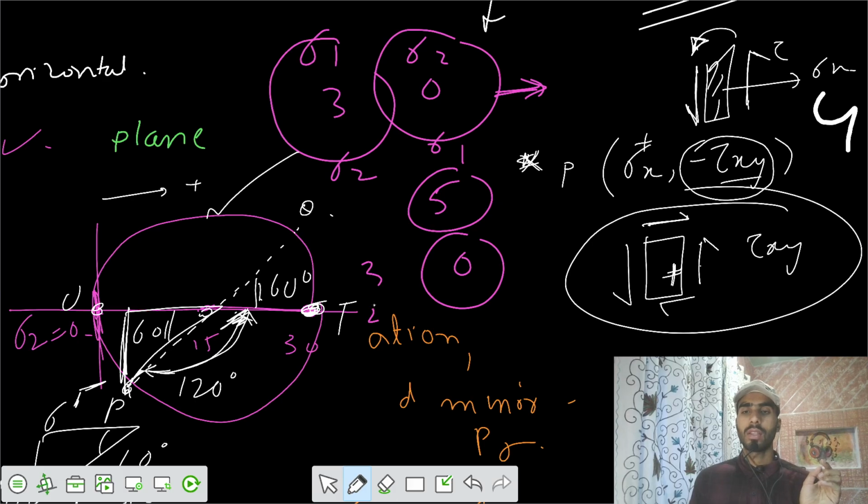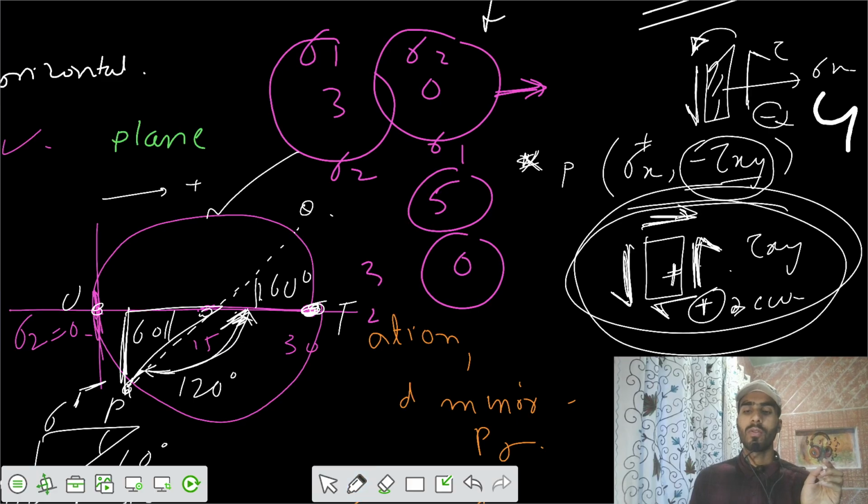So there is a difference. This part is anti-clockwise, that is negative in Mohr's circle, and this part is clockwise. This is positive in Mohr's circle because it is clockwise. But overall, shear stress is positive for the stress representation case.